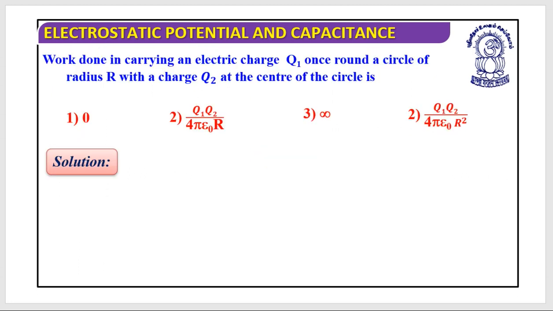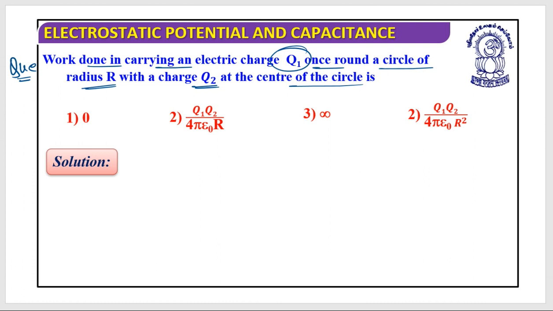Next question. According to the data, work done in carrying an electric charge Q1 once round a circle of radius r with a charge Q2 at the center of the circle. This is what they require.